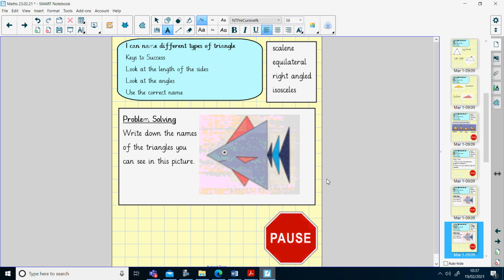Did you spot that we have got some right angled triangles? And then we've also got some isosceles triangles where we've got the same 2 sides and then one longer side. And then I think that this one here is possibly a scalene triangle because this side here is different to this side and this side. So all 4 types of triangles I think we can see there.